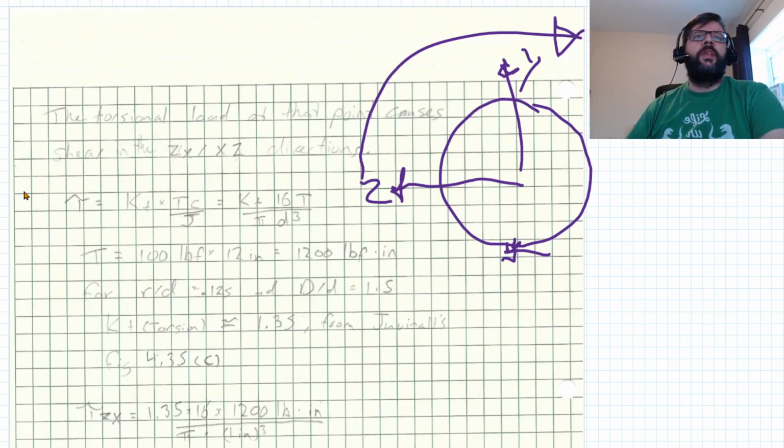So this will be a positive ZX shear. The value of that shear is Kt times Tc over J, which, once we plug in the value for J, ends up being Kt times 16T over pi d cubed.